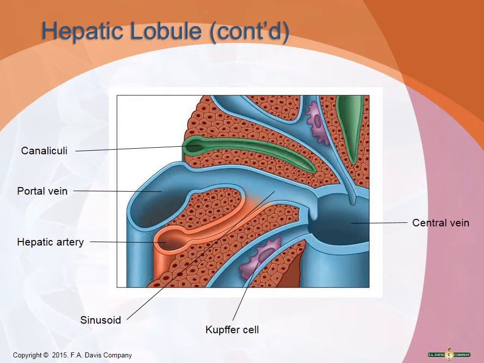coming into the liver, where it passes through cells, sinusoids, that will remove any toxins and any of the drugs. This is where that first pass effect occurs.